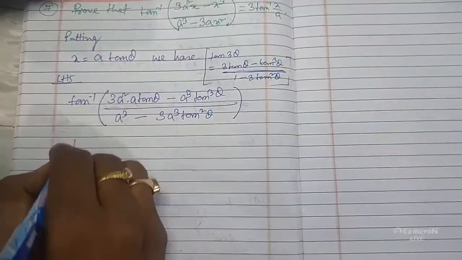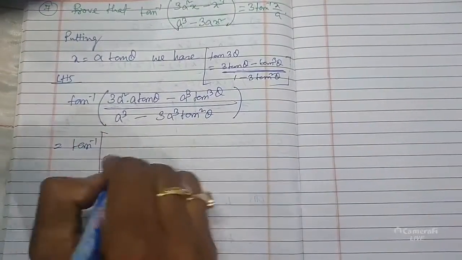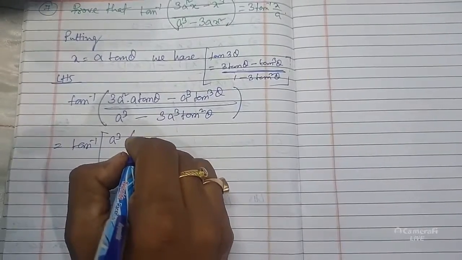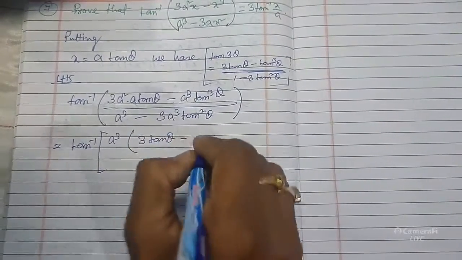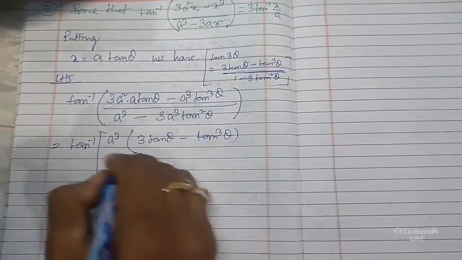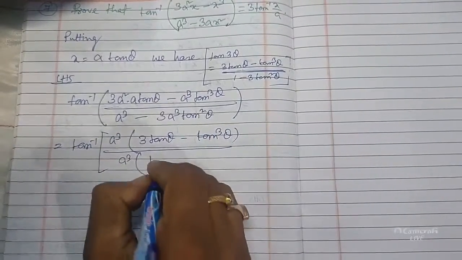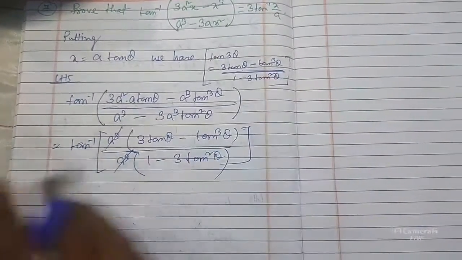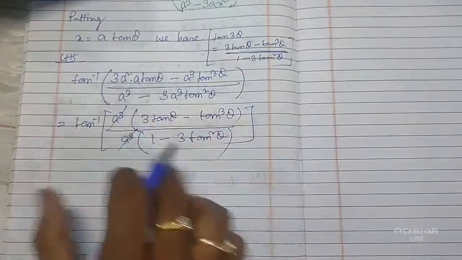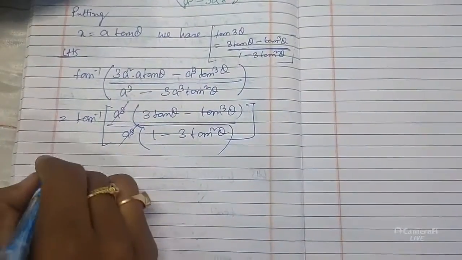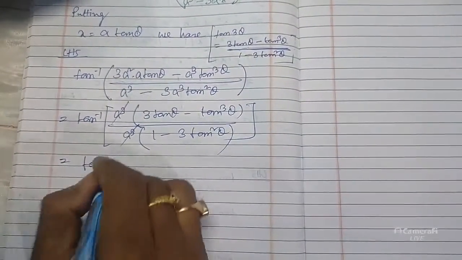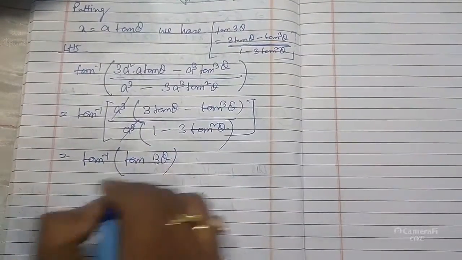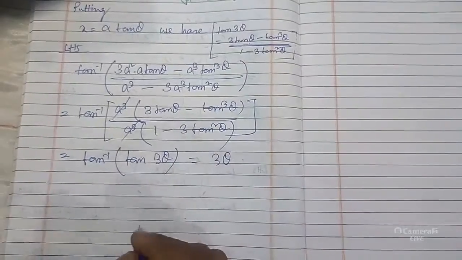Now if you take a cube common, here you will get 3 tan theta minus tan cube theta, and here if you take a cube common, 1 minus 3 tan square theta. A cube cancel. Now see inside, this is the formula of tan 3 theta. So you can write this is equals to tan inverse tan 3 theta. Tan inverse tan cancel, so this is equals to 3 theta.